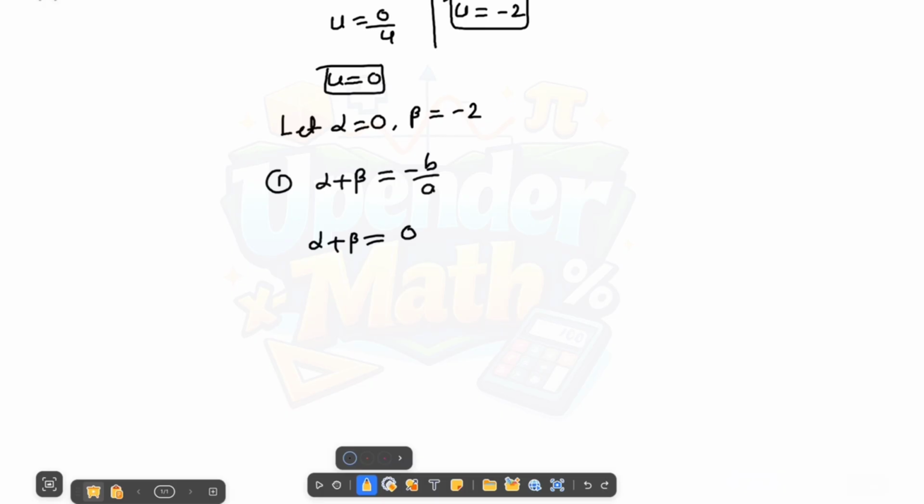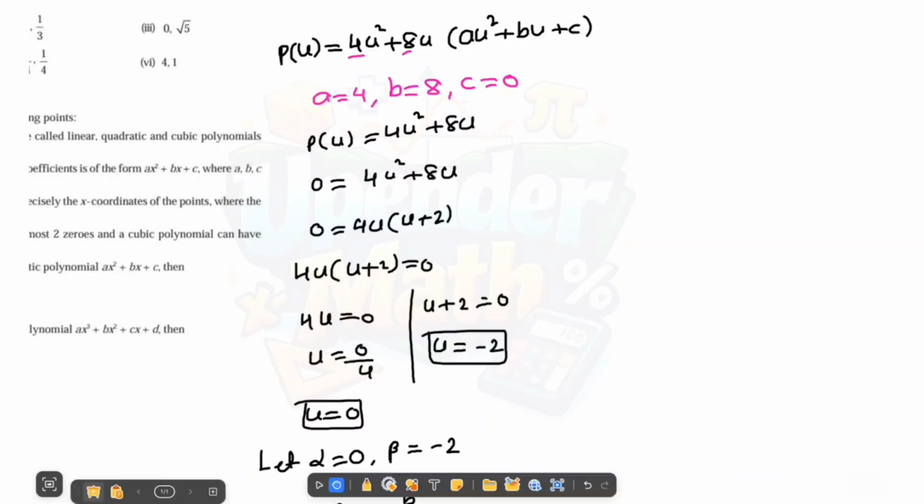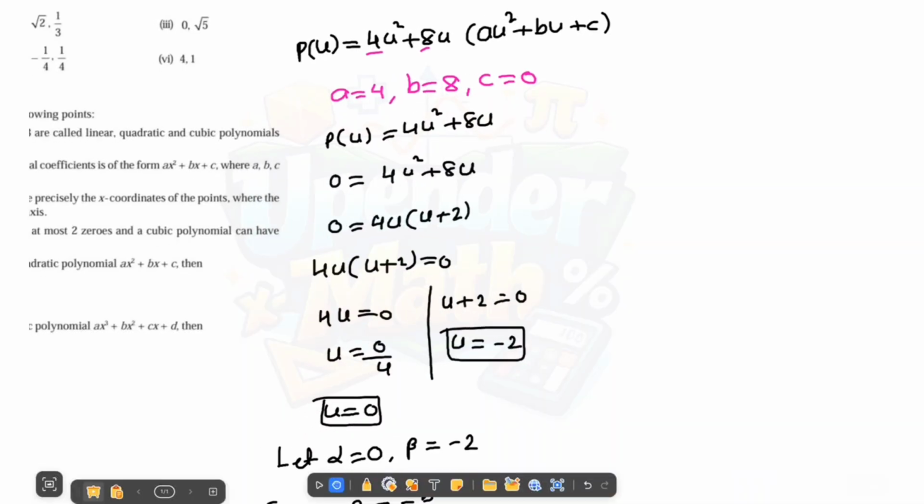Alpha is 0 plus beta is minus 2, which will be equals to minus 2. Now minus b by a, so what is the b value? B value is 8, right? So b value is 8 and a value is 4.